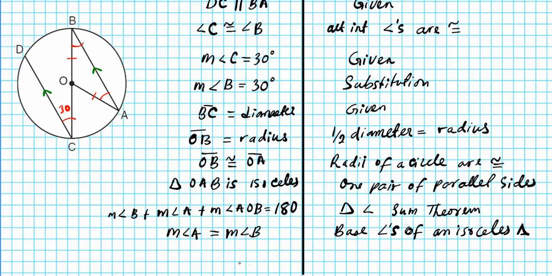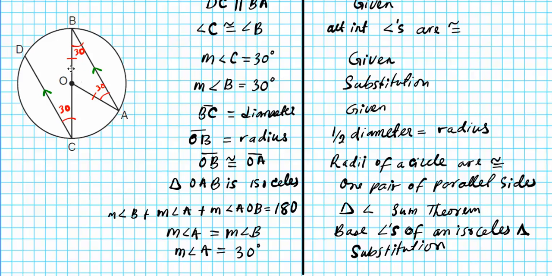Okay, measure of angle A is equal to measure of angle B. So since measure of angle B is 30 degrees, it just follows that measure of angle A is also 30 degrees, and this is by substitution. All right, so this is 30 right here, and this is 30 right here also.